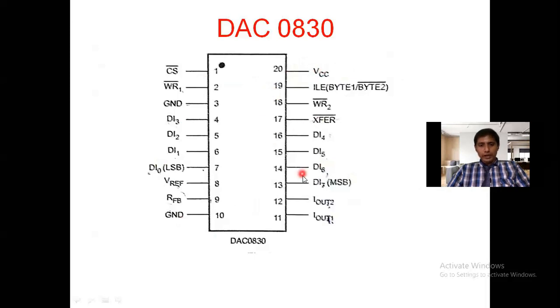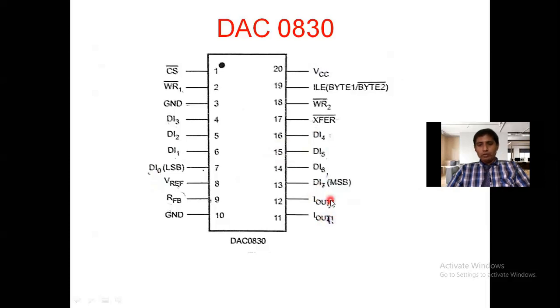Simply, the DAC takes 8 digital inputs and converts them into analog output currents, IOUT1 and IOUT2. Depending on the bits, IOUT1 is either maximum or in the range of minimum to maximum. For example, if all digital bits are zeros, IOUT1 is minimum; if all digital bits are ones, IOUT1 becomes maximum.